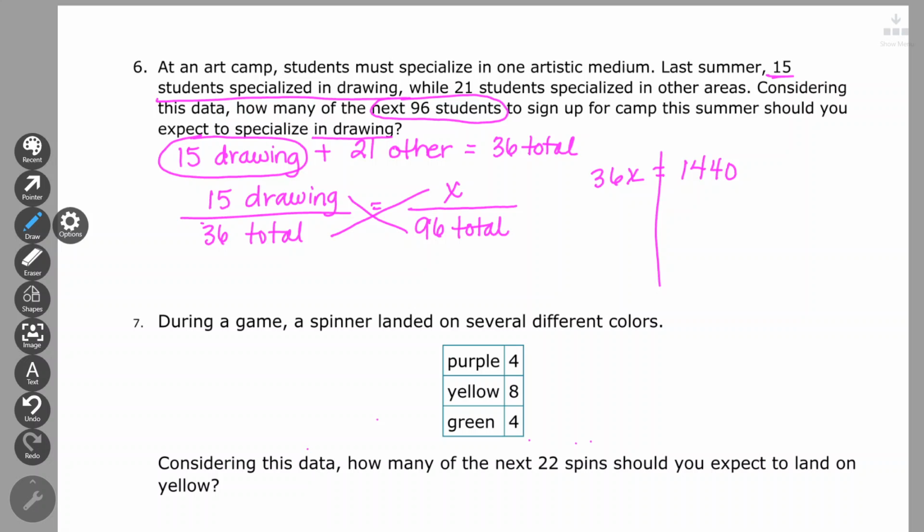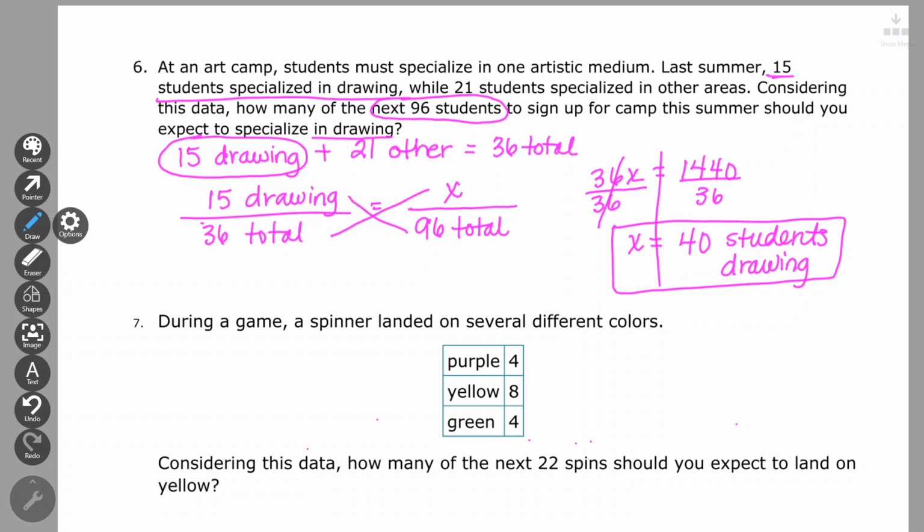The inverse operation of multiplying is dividing, so we need to divide both sides by 36. All right, so x equals, now 1440 divided by 36 is 40. So 40 students are expected to specialize in drawing if 96 students sign up. That's the probability.